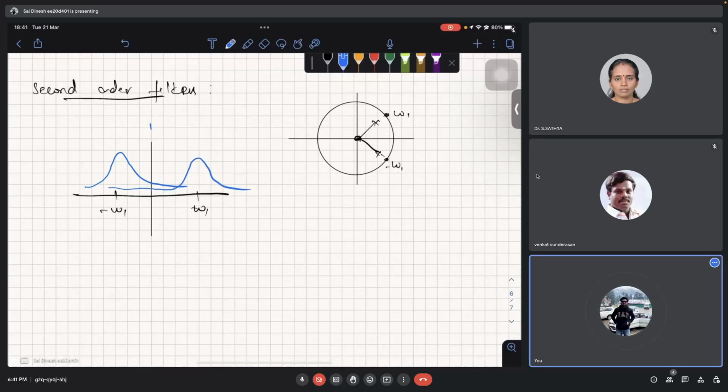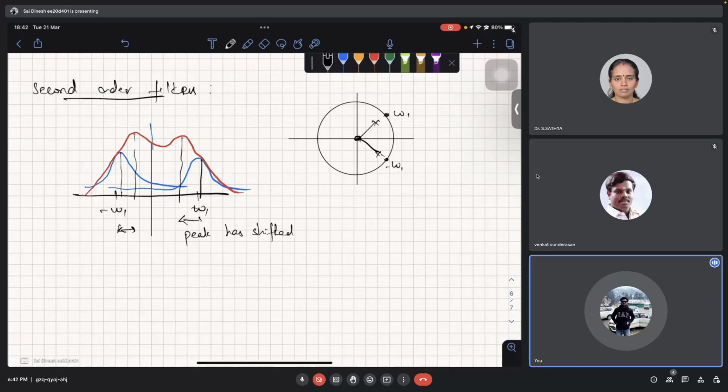So this causes the peaks to shift. Basically now what we have is something like this. The peaks have shifted, similarly on this side, right? So this is known as peak shifting. The peaks do shift here.